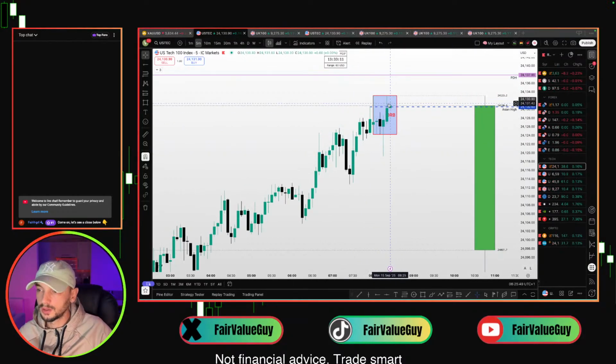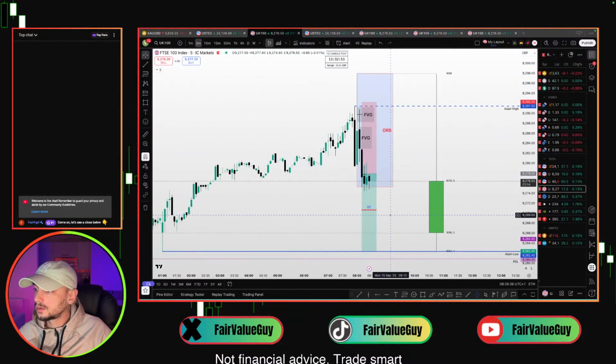Nasdaq made a big U-turn here. Come on, fair value gap, come on, let's see a close below. Do you mean the 5-minute candle on FTSE?